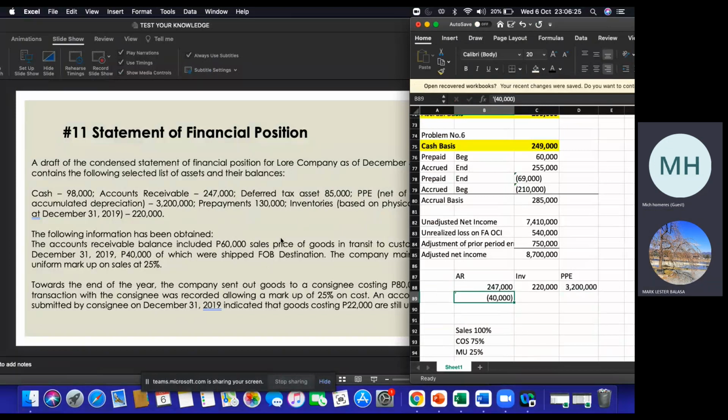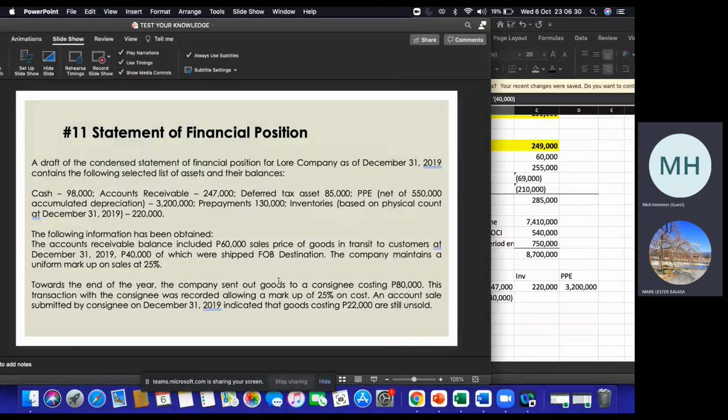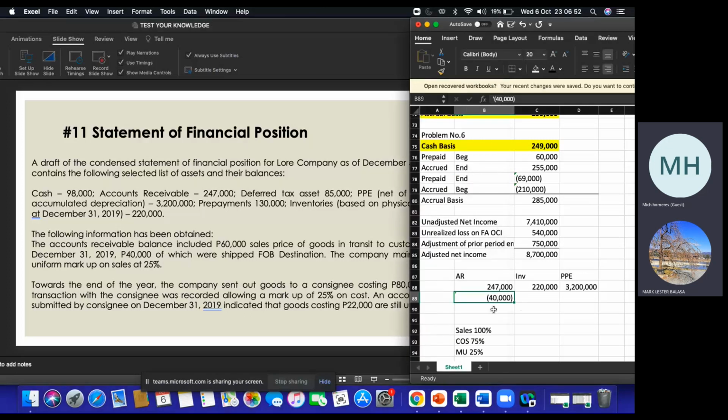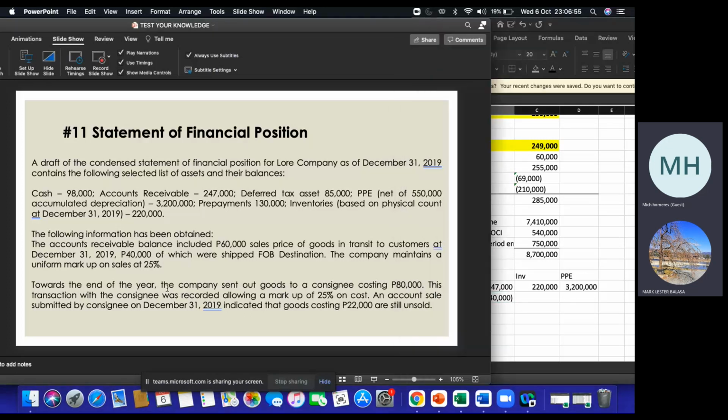Alright. So ano pa ang dapat natin ibawas? Tinanggal na natin yung AR natin na 40, tama? And then, towards the year end, the company sent out goods to a consignee costing 800,000.